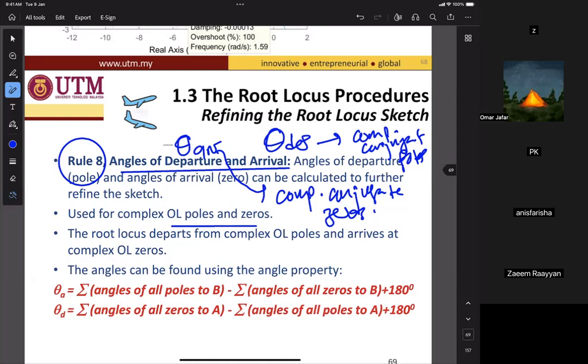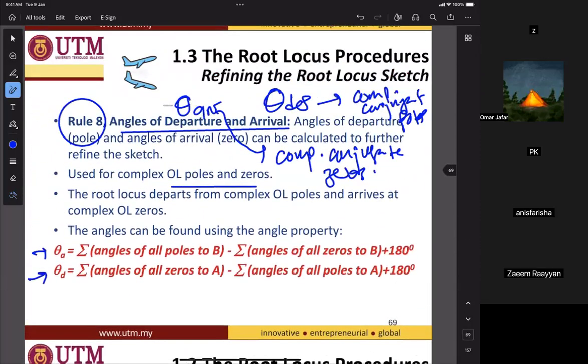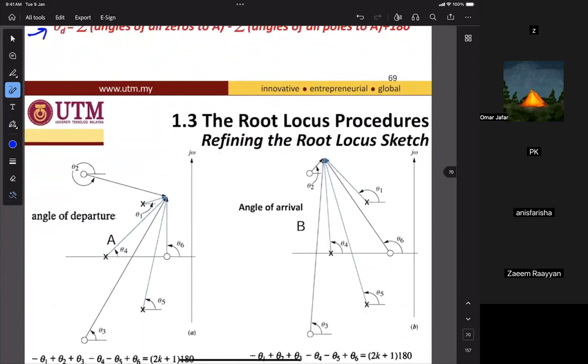The angles can be found by using the angle property. Theta arrival is the summation of angles of all poles to B minus the angles of zeros to B plus 180 degrees. Theta departure is the angle of all zeros to A minus the summation of angles of all poles to A, plus 180 degrees. The A and B points refer to this diagram.